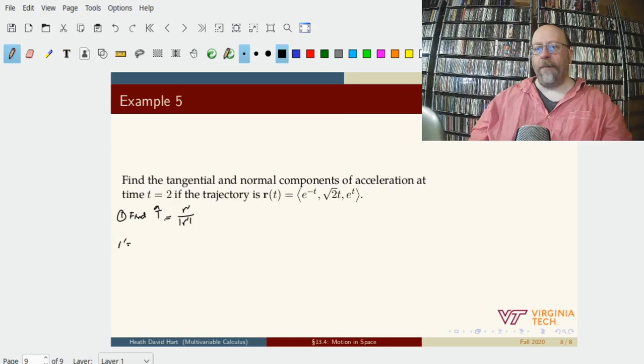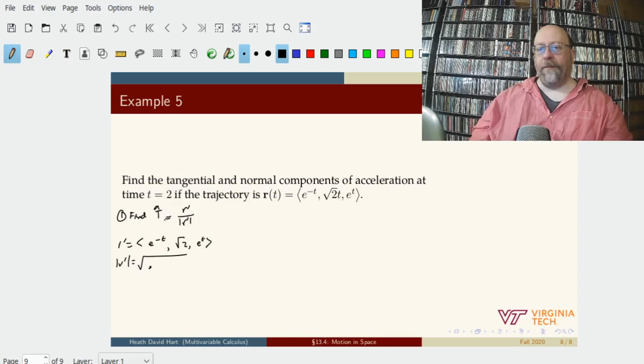R prime is e to the negative t, square root of 2, e to the t. And the magnitude of that will be the square root of this term squared, so that's e to the negative 2t, plus this term squared, which is 2, plus this term squared, which is e to the 2t. Okay?